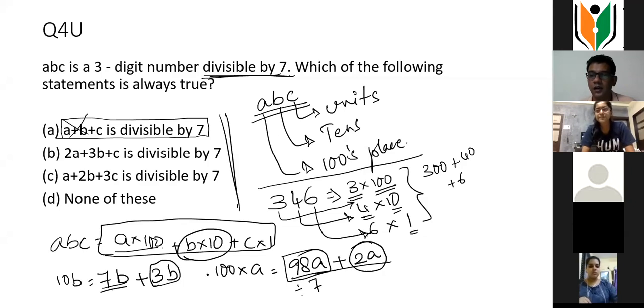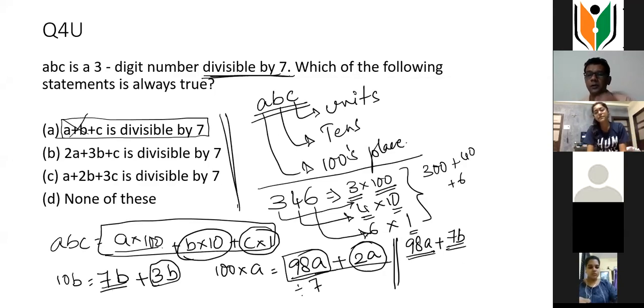And now I am left with C. So the values in my hand that are divisible by 7 are 98A and 7B.